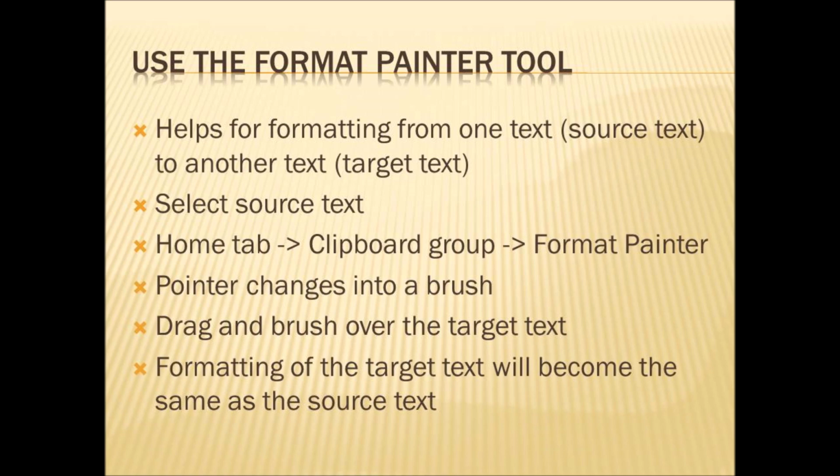Drag the brush over the target text. The format of the target text will become the same as the source text. Now both the source and the target text have the same format. To make both in the same format, you will use the Format Painter tool.